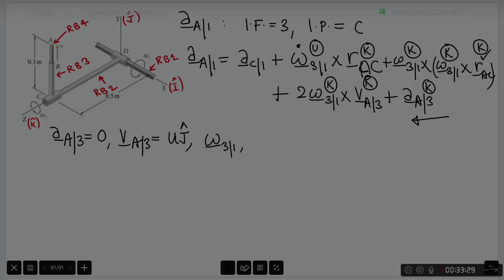However, we can find this. How do we find this? Omega dot 31 can be written as omega dot 32 plus omega dot 21 plus a cross term. This is a relationship that we derived 2 classes ago for a set of 3 reference frames.